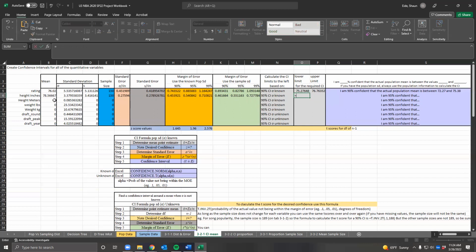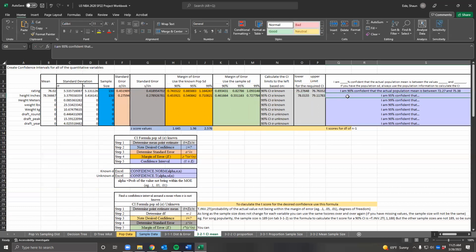the mean. So you take the mean minus the margin of error for 95% confidence, and then we do equals the mean plus the margin of error for a 95% confidence interval.